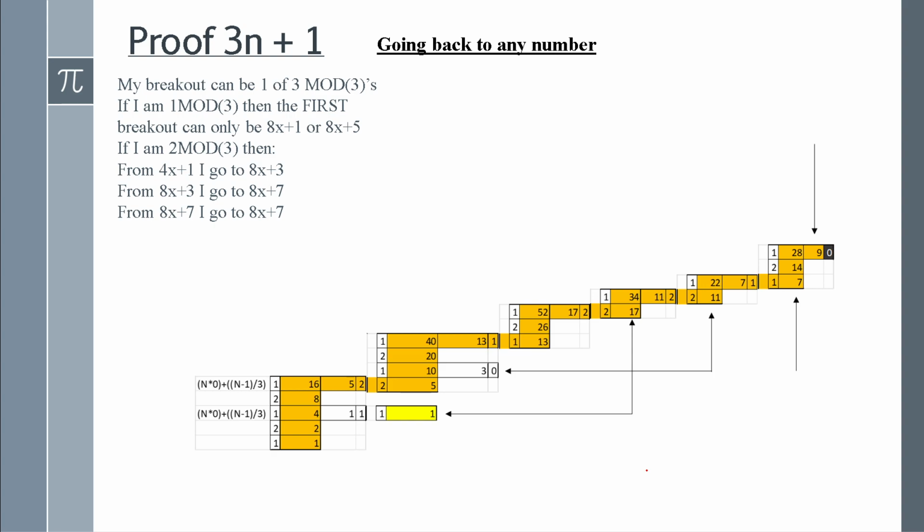If I'm a 7 mod 8, I can only go to other 7 mod 8s. And second breakouts and above can only be 5 mod 8s. And 0 mod 8s cannot have a breakout.